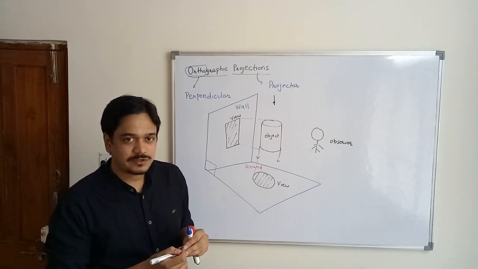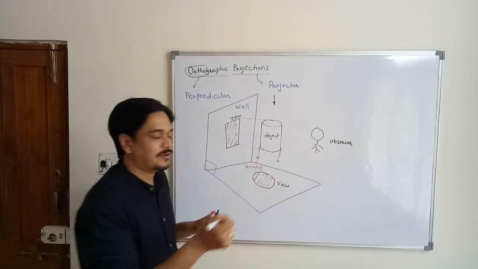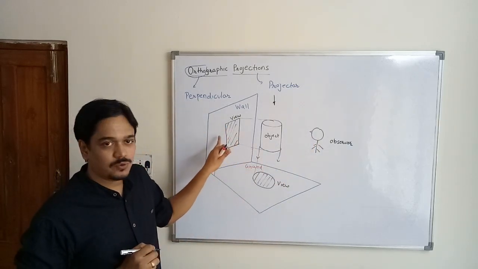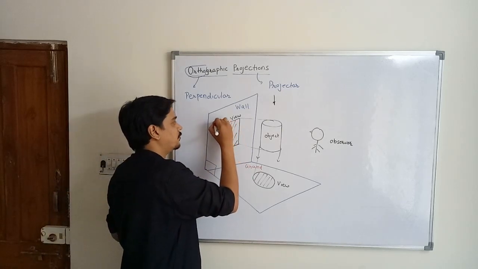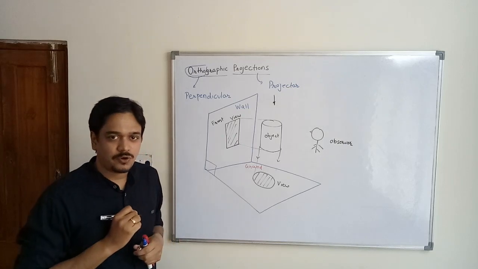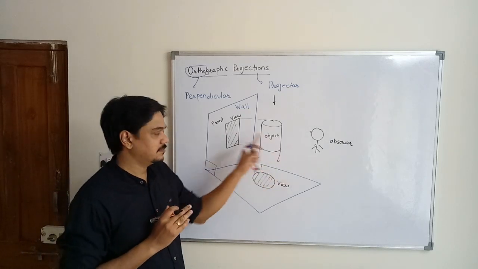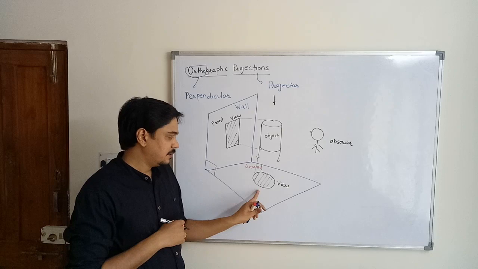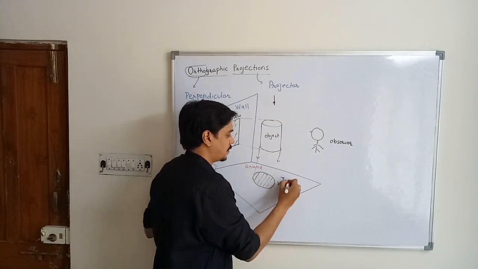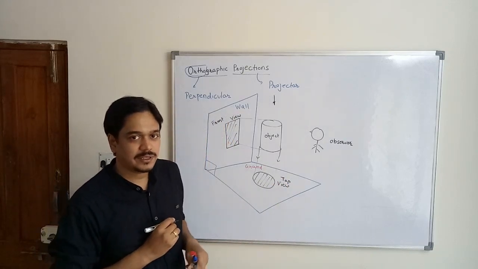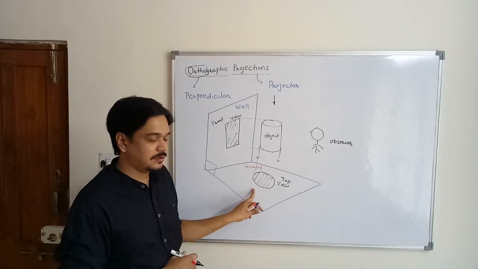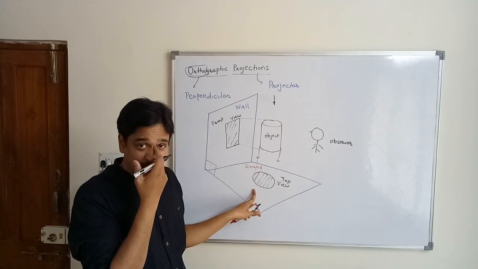Now since the observer is observing from this direction, that is the front direction, we will name this view or shadow as a front view, because you are getting an image from the front direction. So naturally this view will be termed as top view, because you are getting an image when you are observing from the top direction. That's why this view is called as top view.